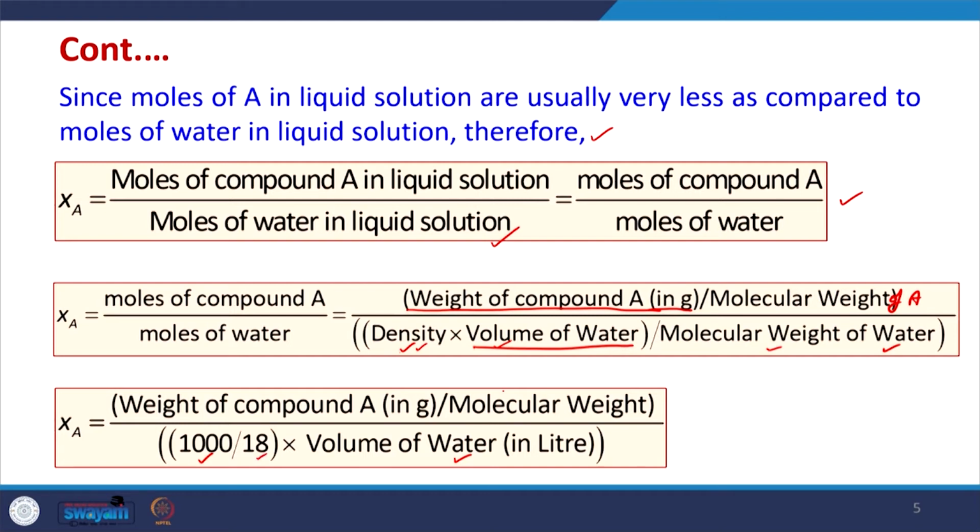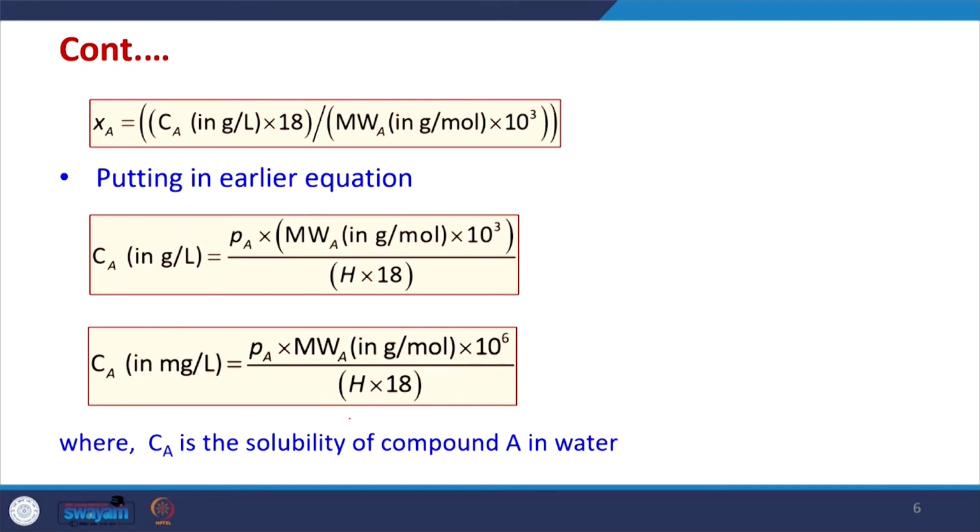Now, we can further manipulate this equation so that the weight of compound A and the volume of water, which are of primary interest, become CA in gram per liter.